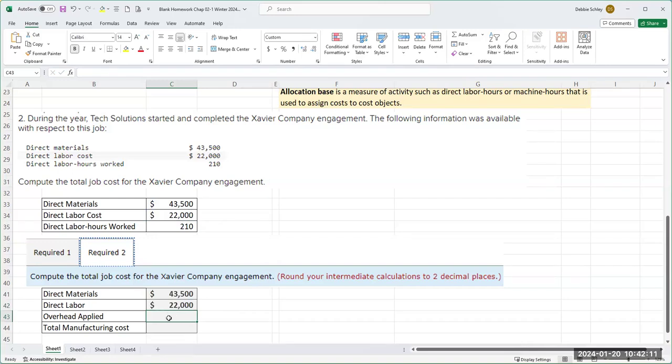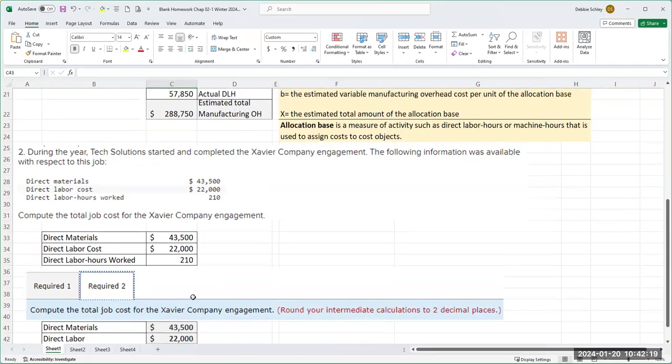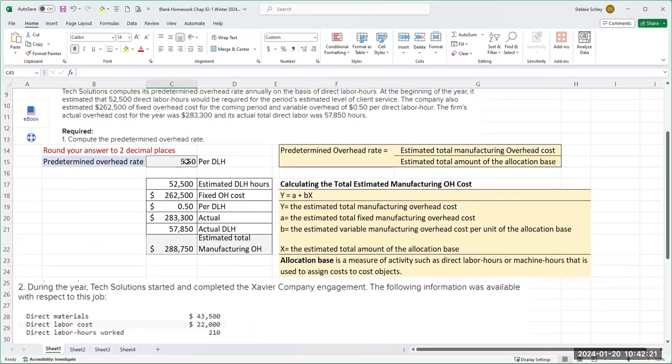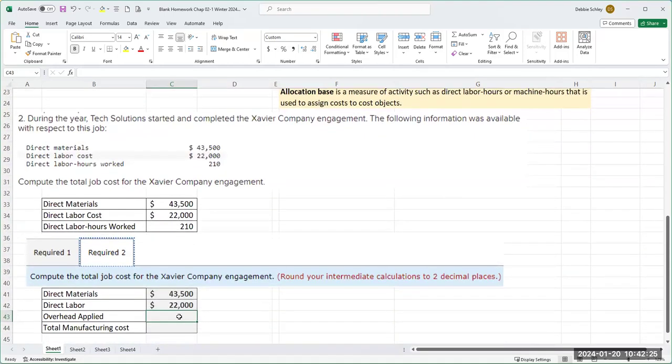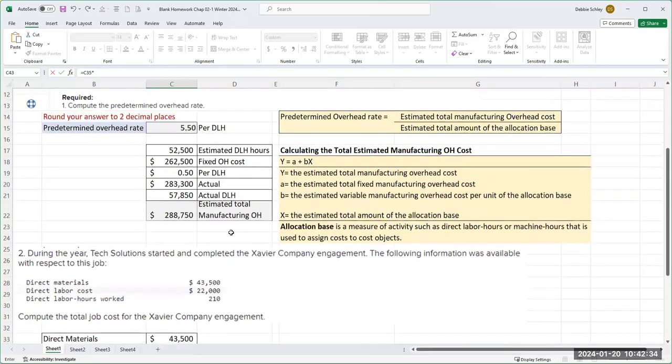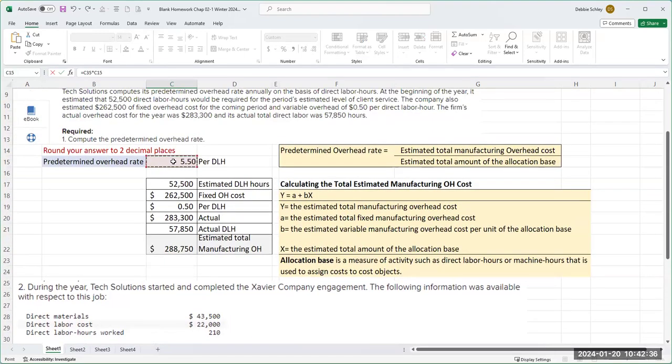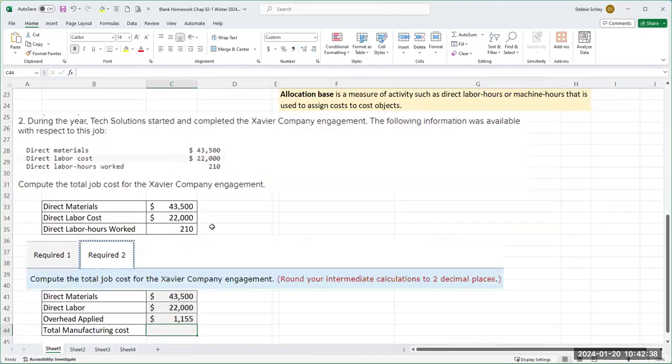Now, overhead applied. Remember, we're basing the manufacturing overhead on direct labor hours, and we figured out in question 1 how much per hour we're going to charge. So for this answer, it's going to equal those direct labor hours worked from right there times the answer to required 1, $5.50.